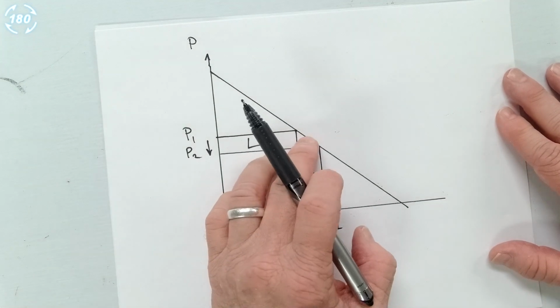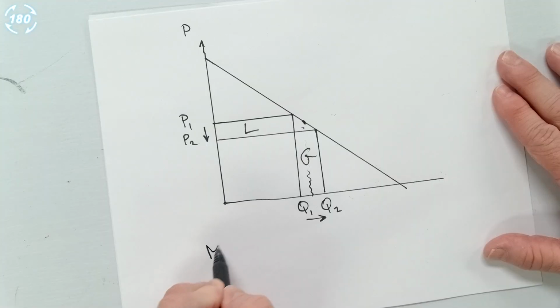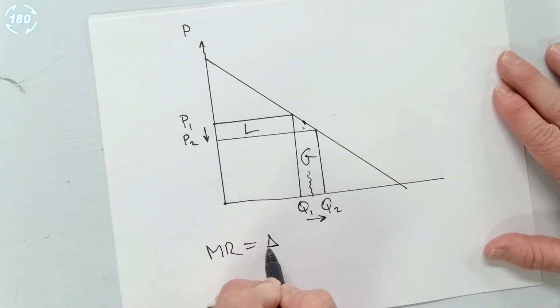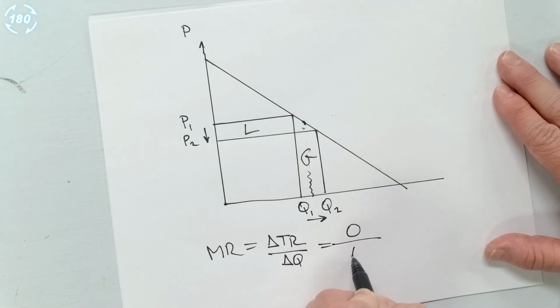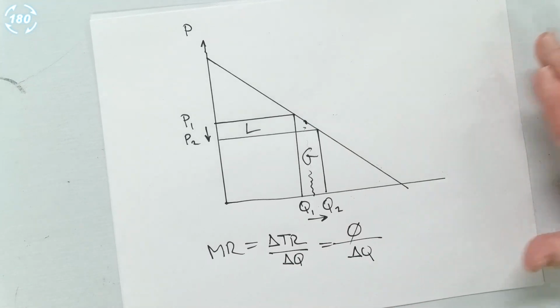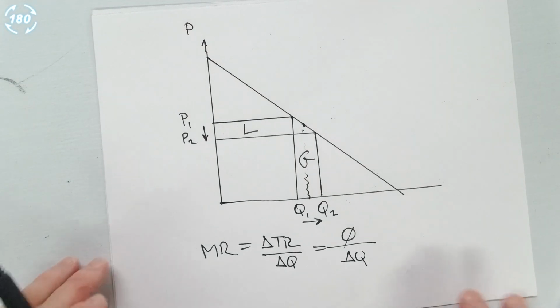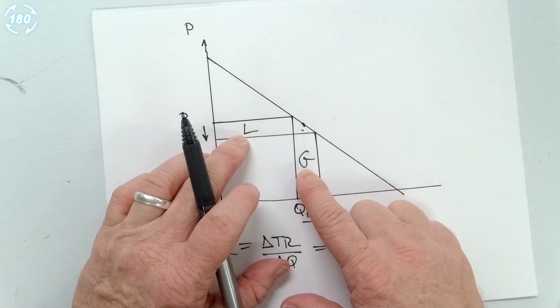In fact, if it's right here, it's going to be zero. The marginal revenue, which is the change in total revenue divided by the change in quantity, has got a zero in the numerator, because that rectangle doesn't change its area. It changes its shape a little bit, but these are offsetting effects.